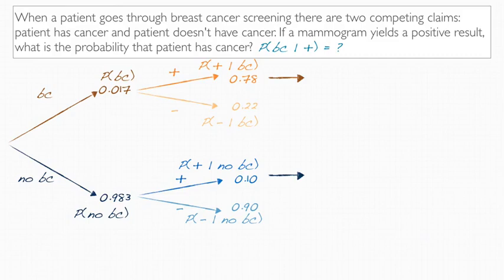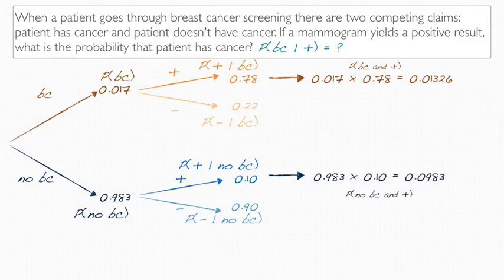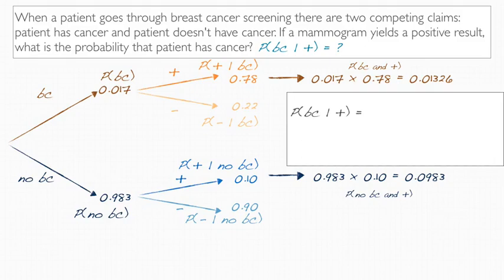First, we're going to want to find the joint probabilities. The probability of breast cancer and positive is the product of 0.017 and 0.78. That's 0.01326. And the probability of no breast cancer and positive is the product of the probabilities in the two branches leading up to that, 0.0983. We are asked for the probability of breast cancer given positive.